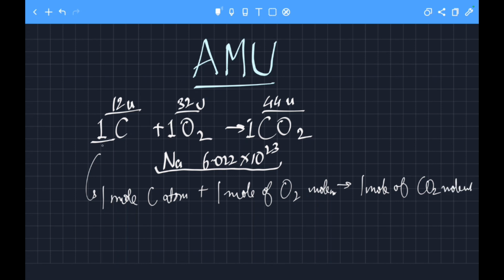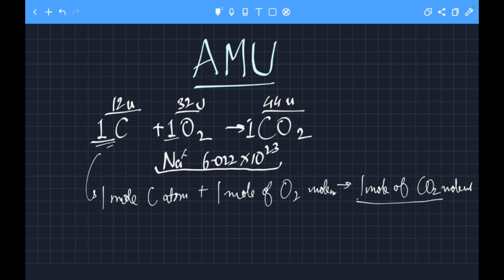Because you have multiplied all of these entities by Na, from one atom they have converted to 1 mole of carbon atoms. From 1 molecule of oxygen it has converted to 1 mole of oxygen molecules, and from 1 molecule of carbon dioxide it has converted to 1 mole of carbon dioxide.